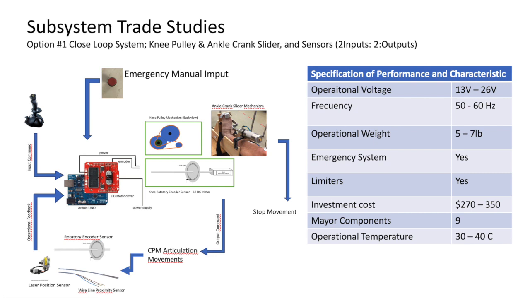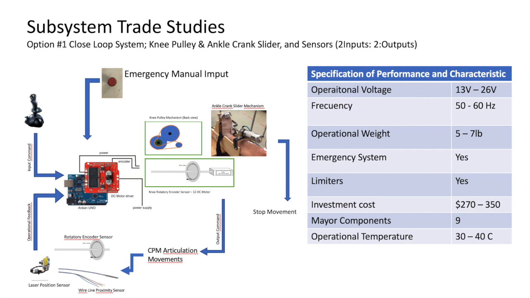Within the subsystem, we define a list of specifications and features, among which we have the operational voltage, defined as between 13 and 26 volts. The frequency is in the interval of 50 to 60 Hz. Operational weight between 5 to 7 pounds.